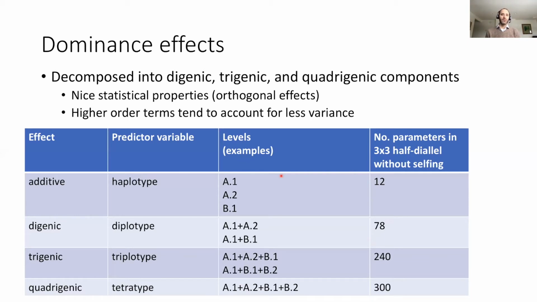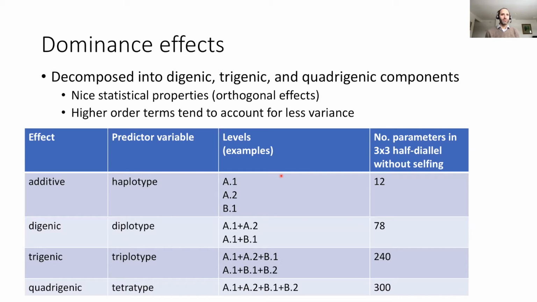Complete dominance, as we'll see in a minute, is a slightly different beast, but this type of decomposition has nice statistical properties. In particular, it's what's called an orthogonal decomposition, and it's the classical method that has been used in quantitative genetics for almost 75, 80 years now.